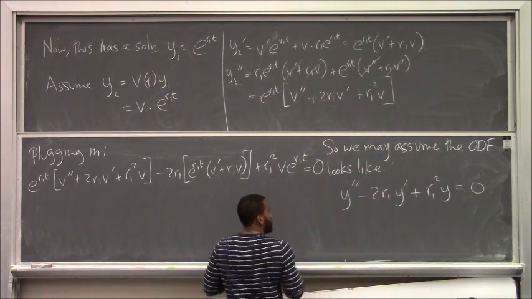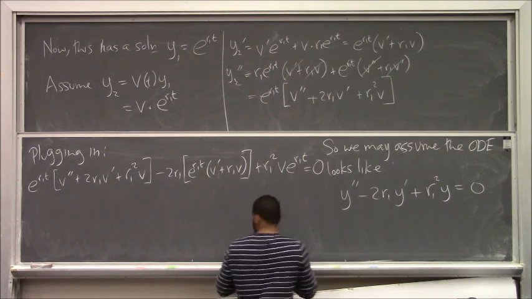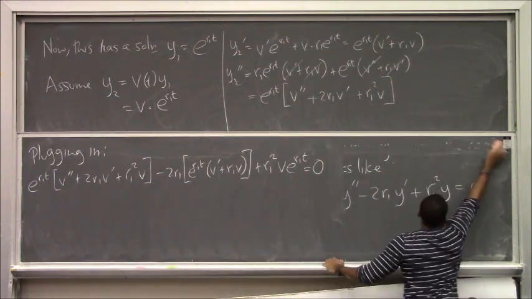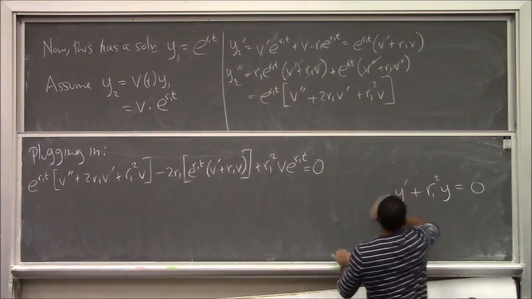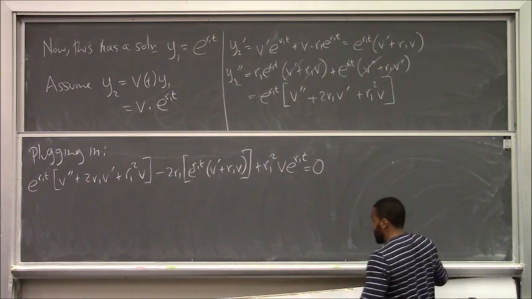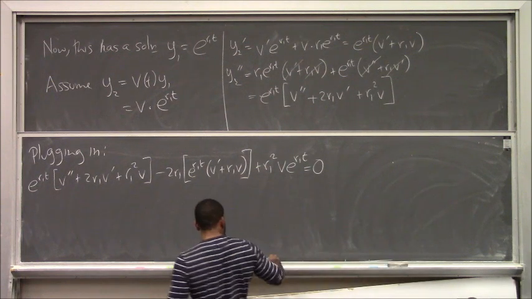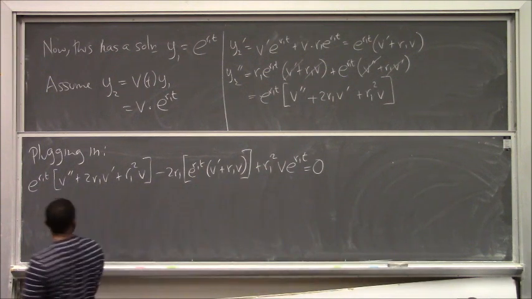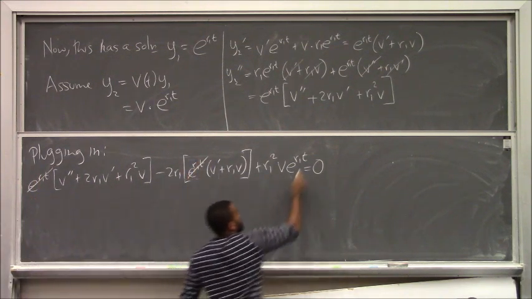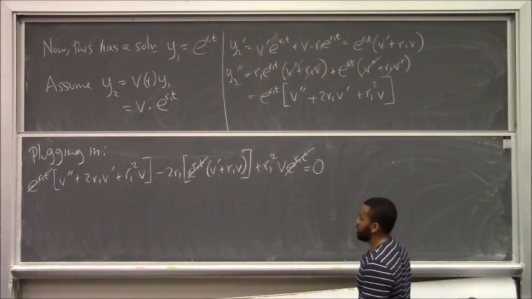That is equal to 0 by assumption. Now, if that actually works out, first here, I can divide both sides by the exponential because that's never going to be 0. So I can ignore that.